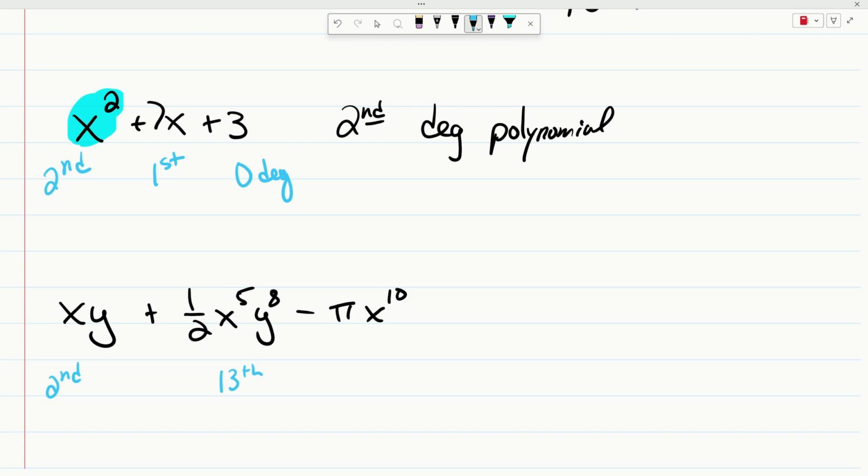And finally, pi is a number, so that doesn't mean anything. 10th degree term. So this is a 13th degree polynomial. All right? So hopefully this is ringing a bell for us.